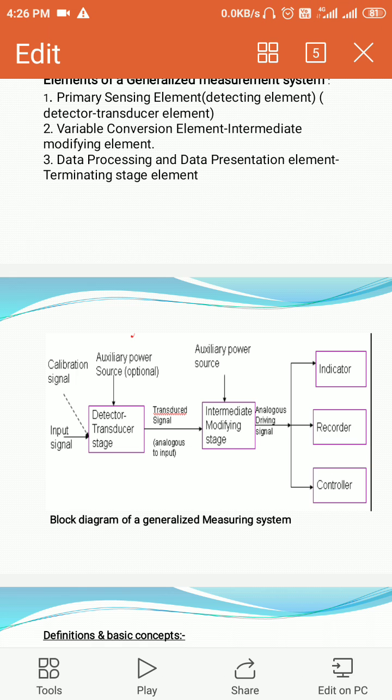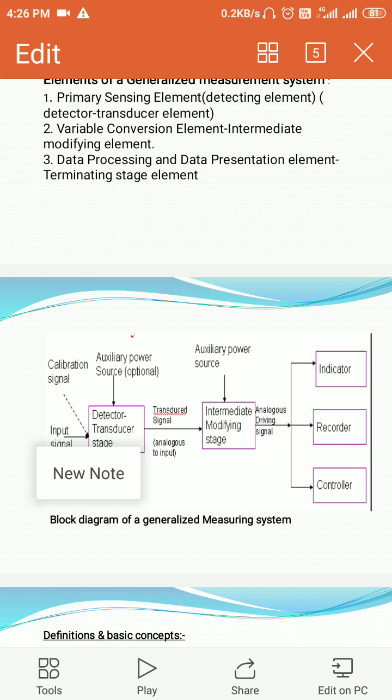It will take the output from the primary stage and then modify it, amplify it, or filter it. It will make it into an understandable form and then submit it to the third stage, called the terminating stage. The terminating stage is nothing but an indicator or a recorder. It will display the readings to the observer.